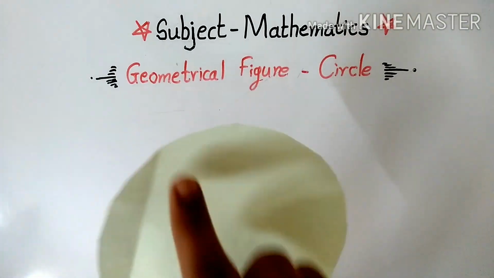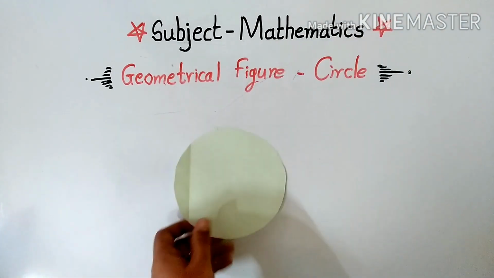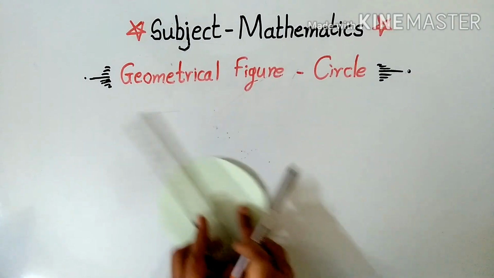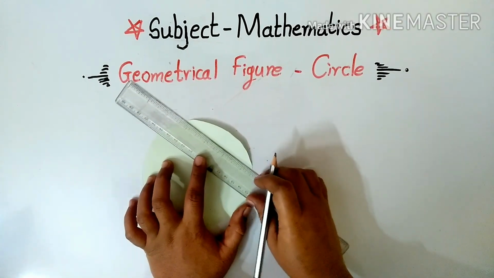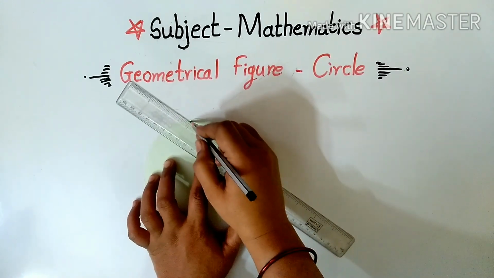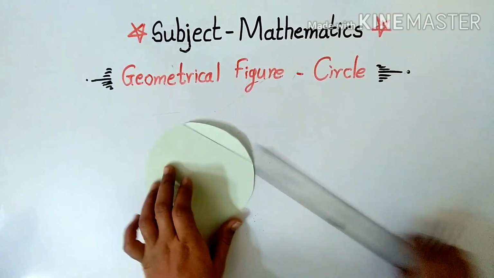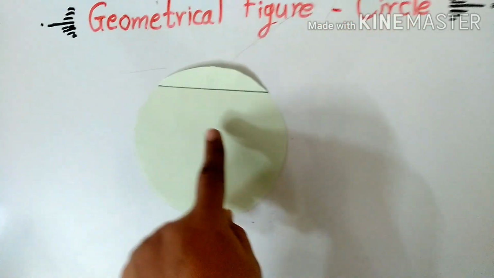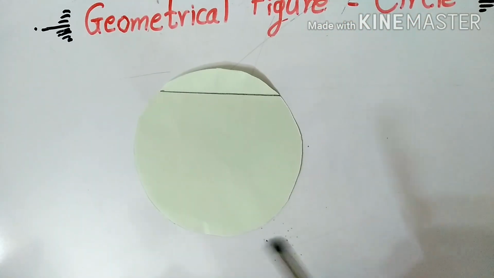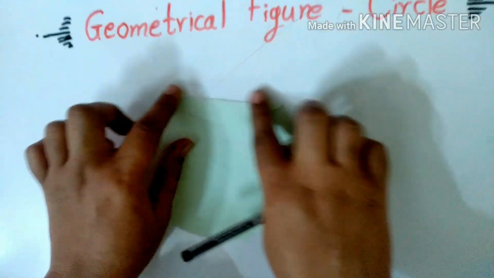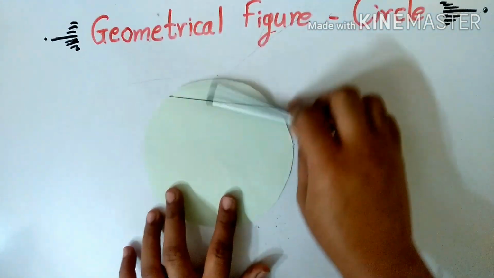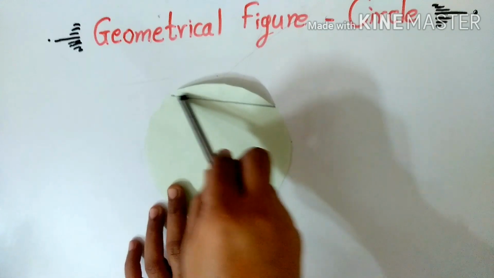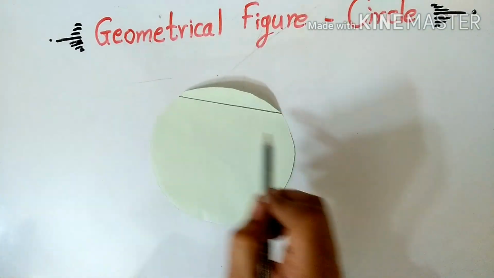I will trace it with the help of a pencil. We get this line on the circle. Look, at first I fold this circular paper, I opened it and this line I trace with the help of the pencil.